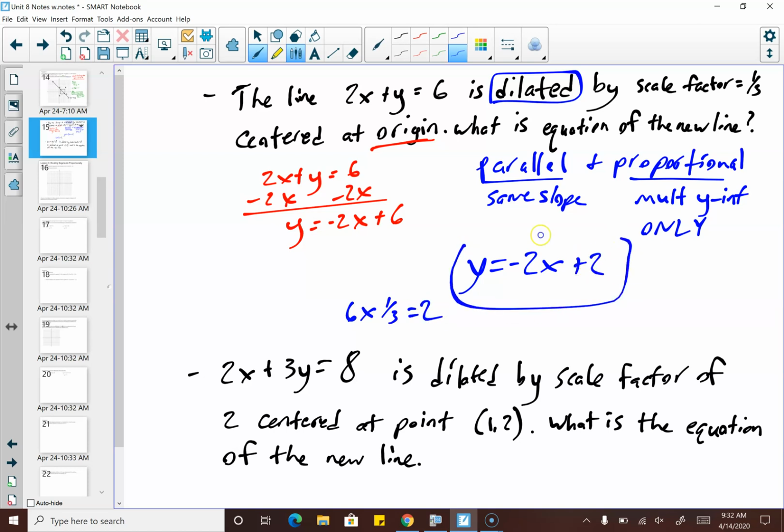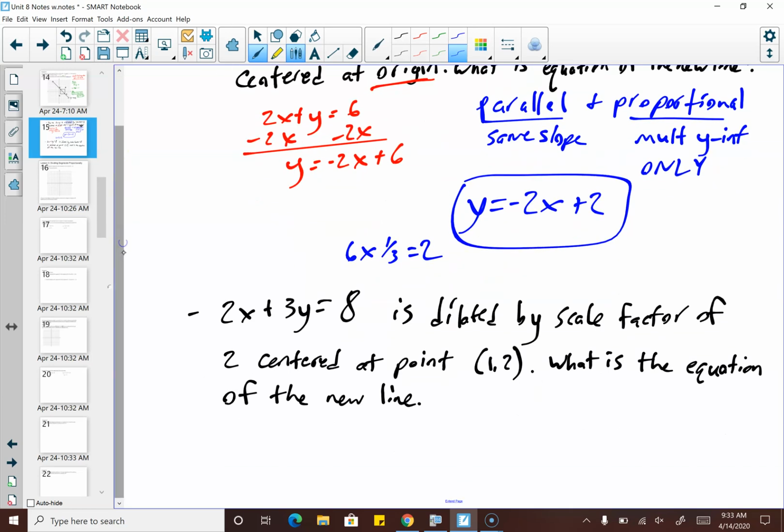So then our new y-intercept is 2. So the equation of our line would be y equals negative 2x plus 2. Okay, so again, if you are dilating a line centered at the origin, you're going to keep your slope the same and multiply your y-intercept by your scale factor.